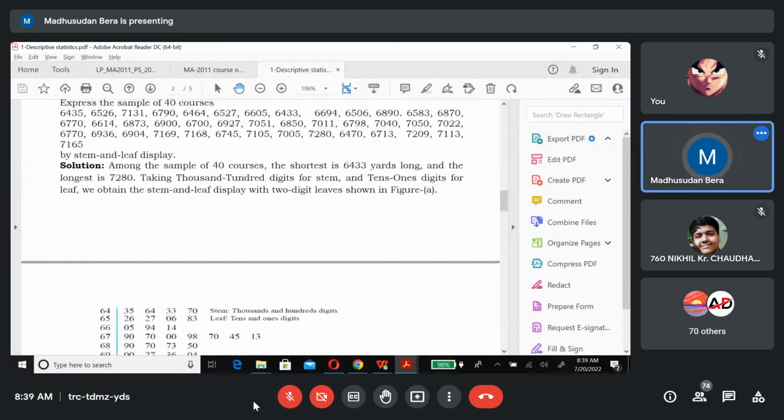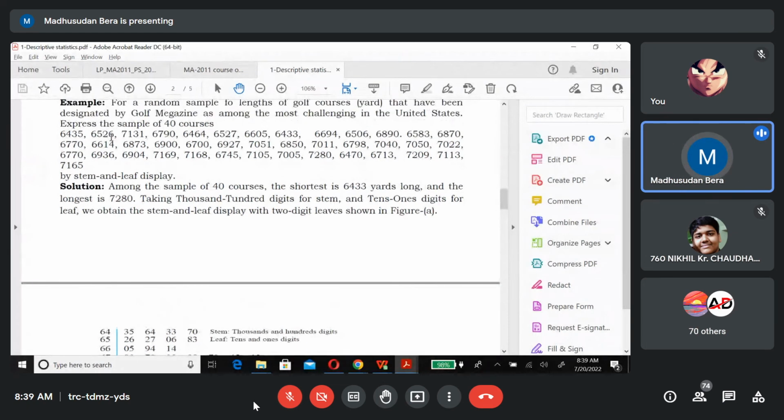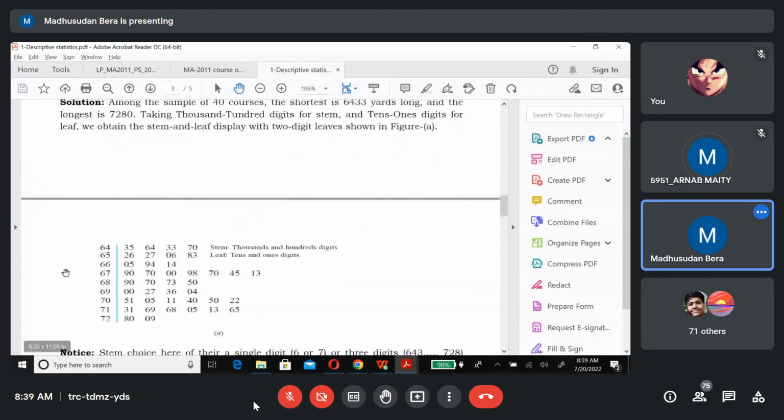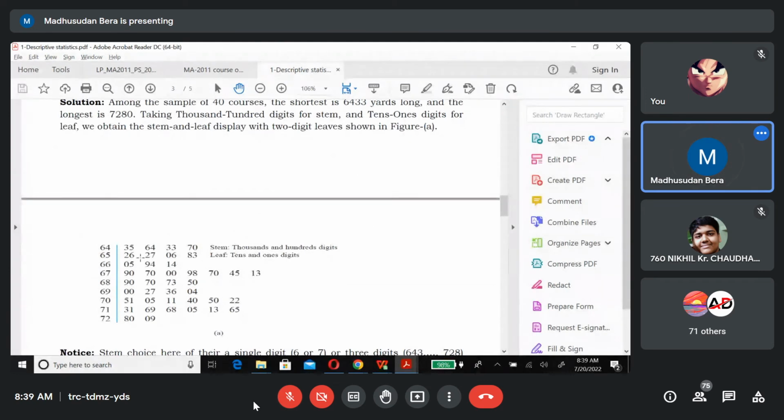Then for 65, it is 26, then 27, then 06, then 83. So how much data is given, but we are getting it in the simplest form. The left side of this bar is called the stem, and the right side is called the leaf. That is the stem and leaf display.